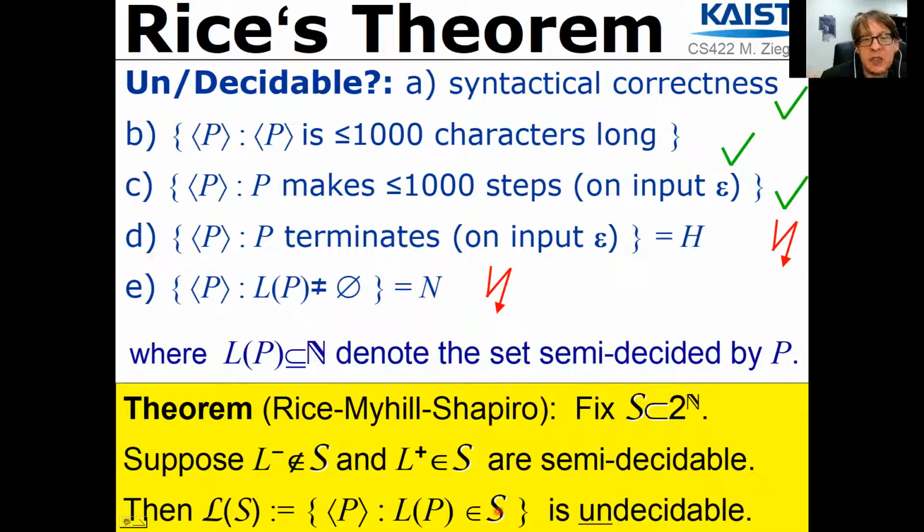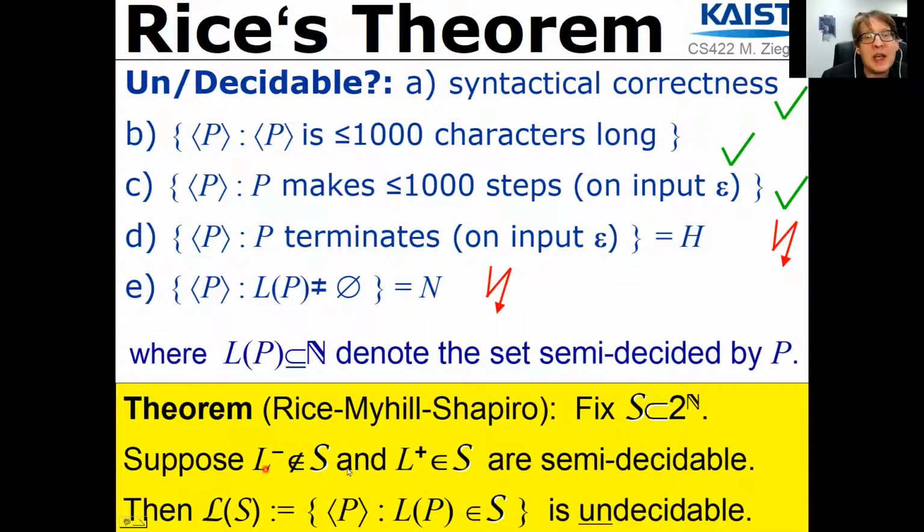In this case this problem is trivially decidable, just an algorithm which always says yes without even considering its input. But this case is also prevented by the hypothesis that the set S must not contain some semi-decidable set.